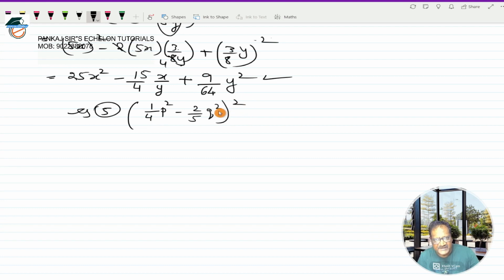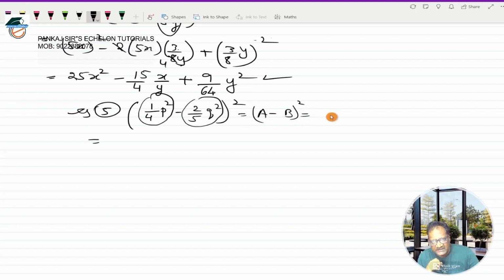See how I'm reading it. 1/4 of p square minus 2/5 of q square the whole square. This will be equal to, now if you observe it carefully, this entire thing you can take as a, this entire thing you can take as b. So it is a minus b and then a whole square.